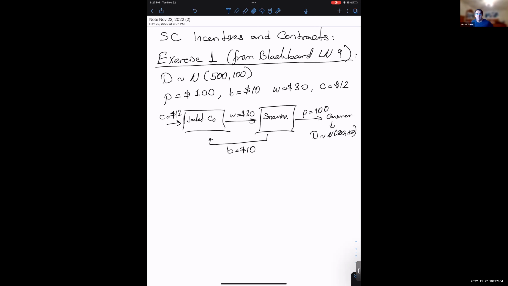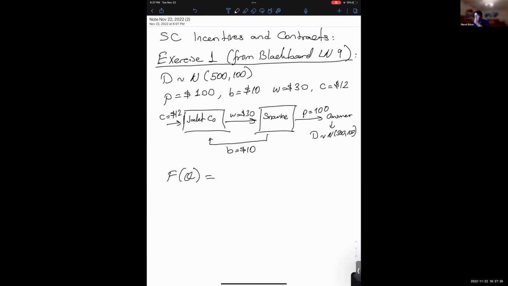So in this case, the buyback price, I mean, from Snow Inc.'s perspective, this is an if-but problem. And here the buyback price basically corresponds to the salvage value. So there's nothing really new in this first part. To find the optimal quantity, all we need to do is compute the critical fractile or critical ratio.